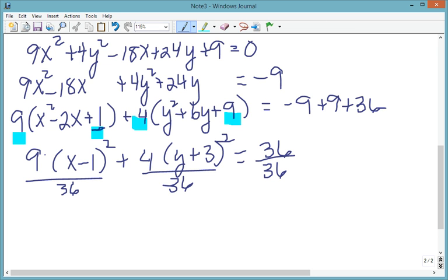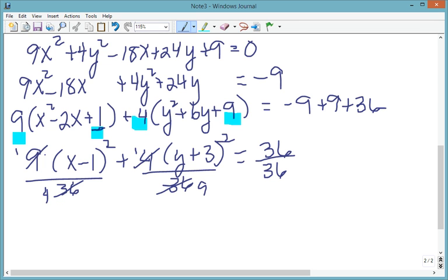So 9 goes into 36 4 times. Sorry, I wrote that in the wrong place. 4 times. There it is on the bottom. 4 goes into 36 9 times, and then that's 1.